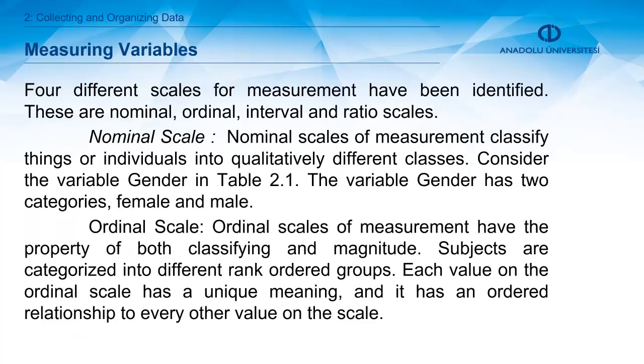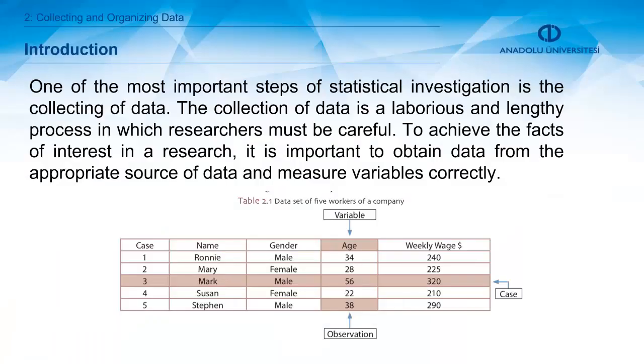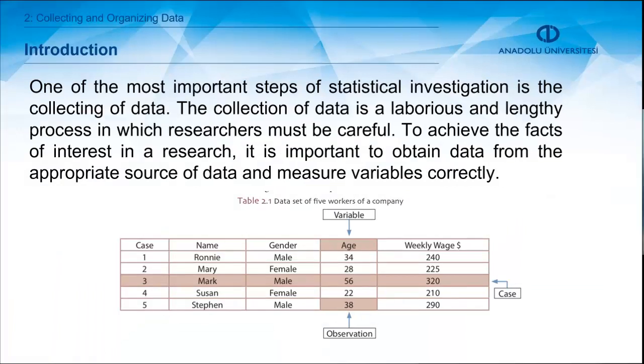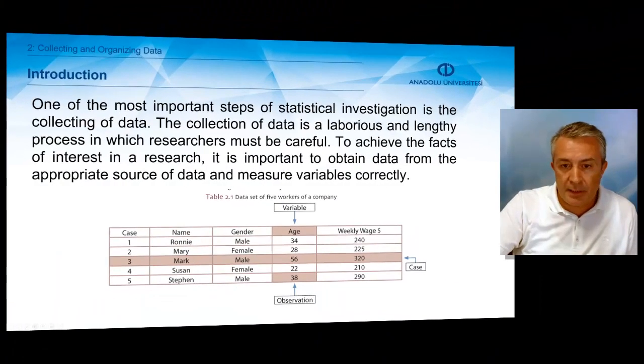Let's go back a little bit again. So in statistics, we need to collect data. And when you collect data, we need to identify the variables. Okay, what variable you are interested in. And we need to find observations to collect data. And we will ask these questions.